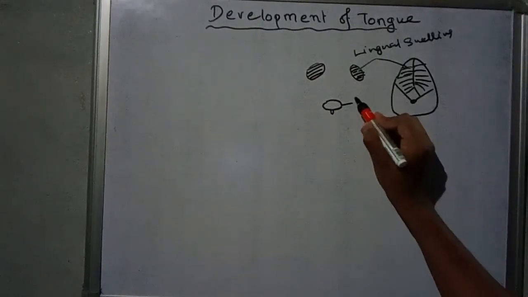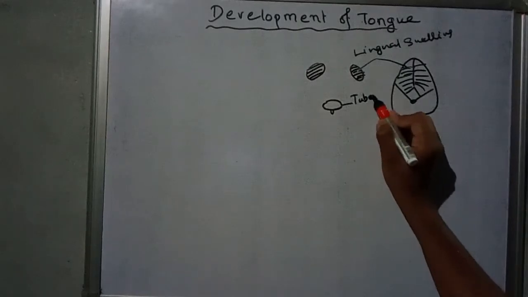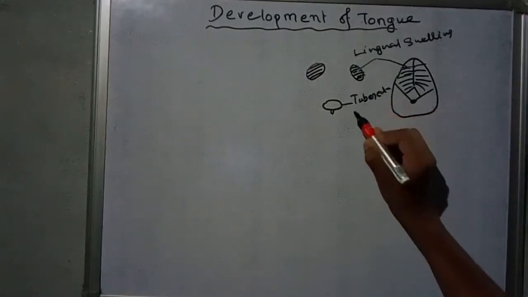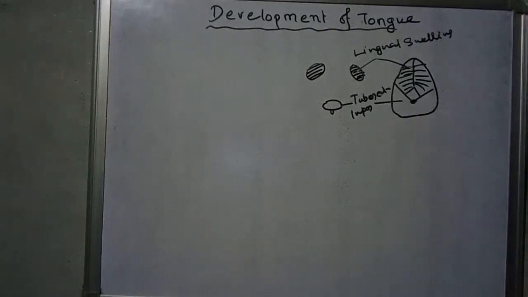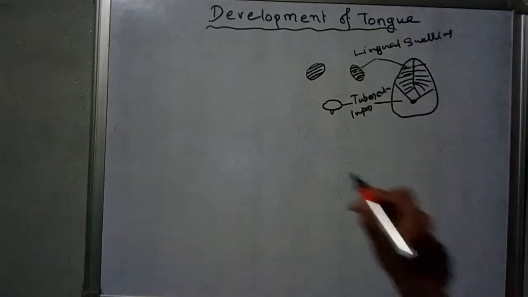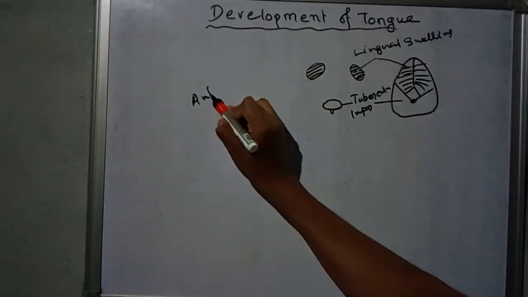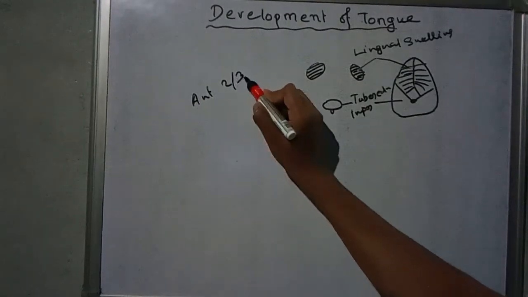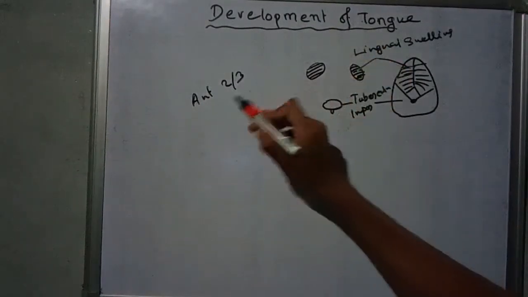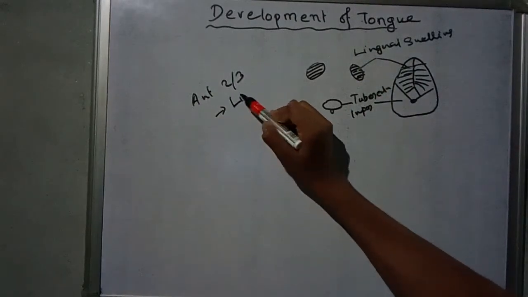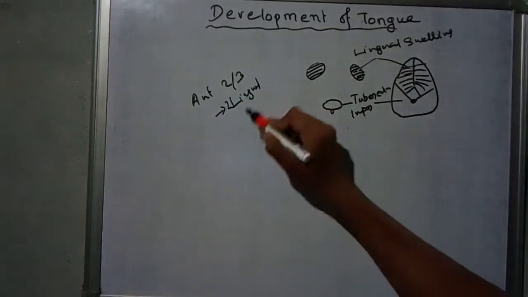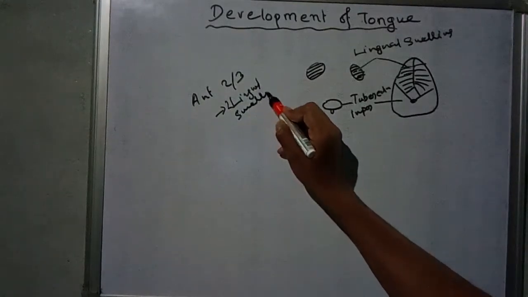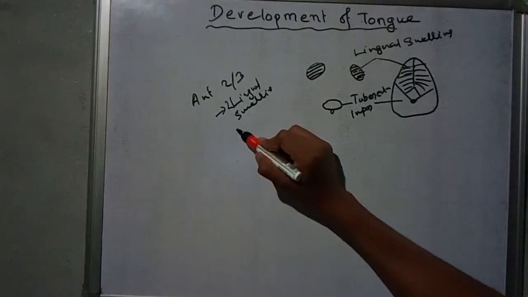This is the tuberculum impar. So the anterior two-third of the tongue is formed by the two lingual swellings and the tuberculum impar.